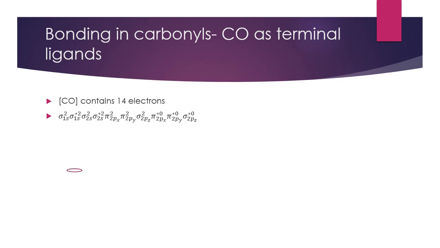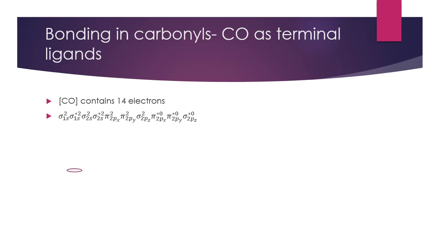Okay, now here you can see that the pi star 2px and the pi star 2py molecular orbitals are the anti-bonding molecular orbitals, and there are no electrons in them. And we know that in metals or metal ions there are a number of vacant d orbitals.